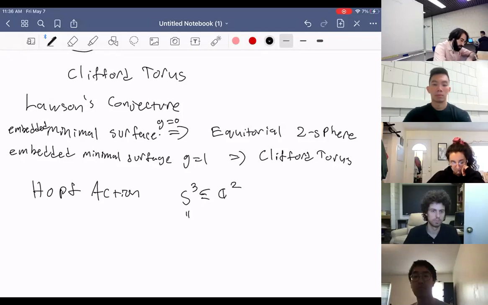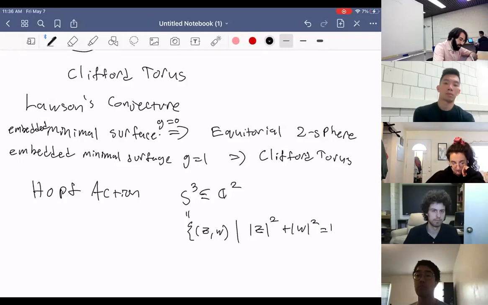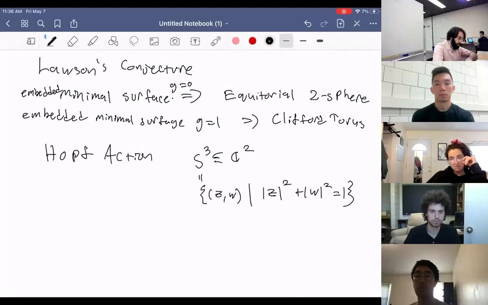So this is the set of (Z, W) such that the norm of Z squared plus the norm of W squared is equal to 1. Well, the Hopf action is just using the diagonal circle action on C2, or rather the circle action on the first C and the circle action on the second C.